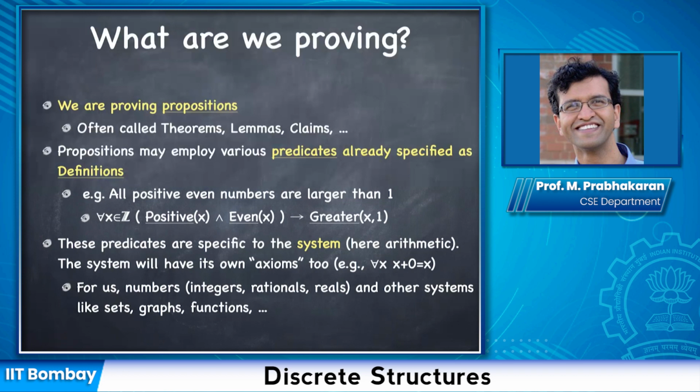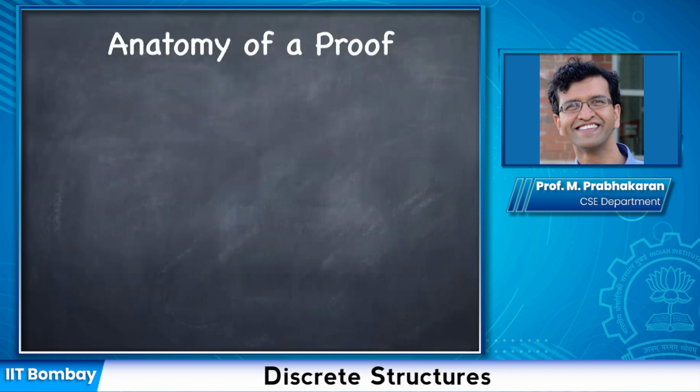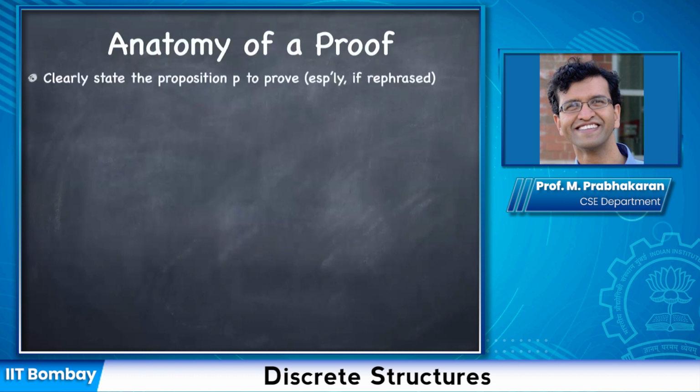Propositions defined in terms of predicates in the system. And how are we trying to prove it? So here is what an abstract anatomy of a proof looks like. When you are writing a proof, you should first state what is the proposition that you're going to prove.